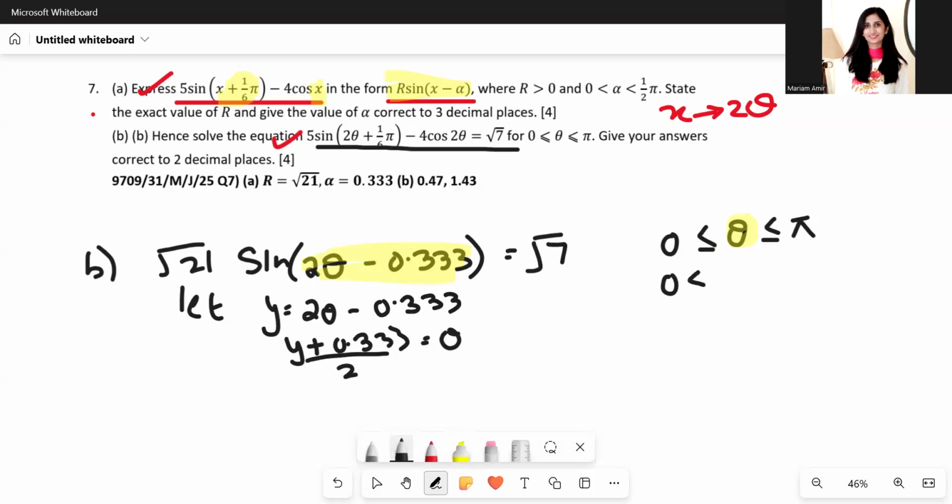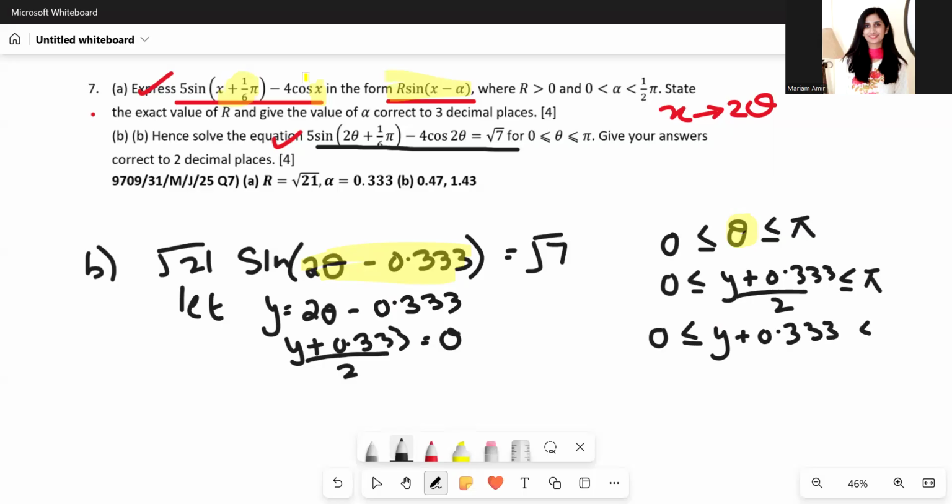So now I'll replace this theta with y plus 0.333 upon 2. Now this will multiply 2 on both sides. So this will become 0. This will just become y plus 0.333 and this will become 2 pi.